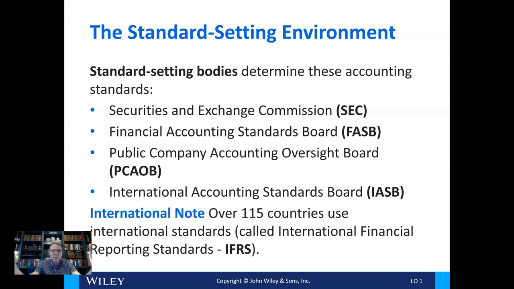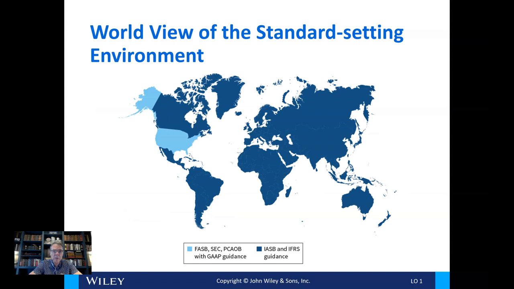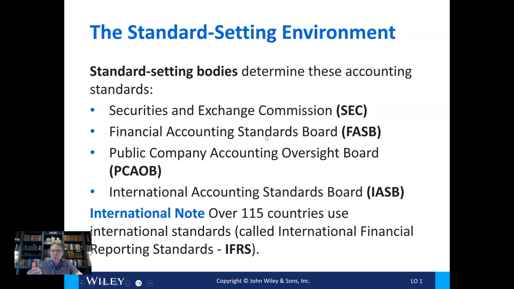If you want to provide information to the public, how do you do that? And they're the ones that set those rules. And they tell you that your financial reports must conform to GAAP, generally accepted accounting principles, and that is controlled by the Financial Accounting Standards Board, FASB.